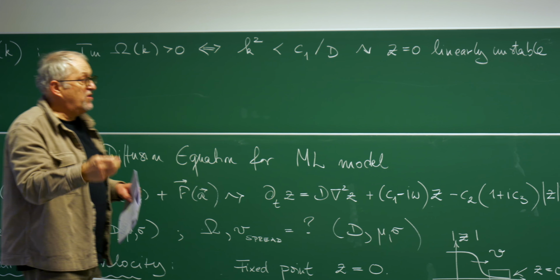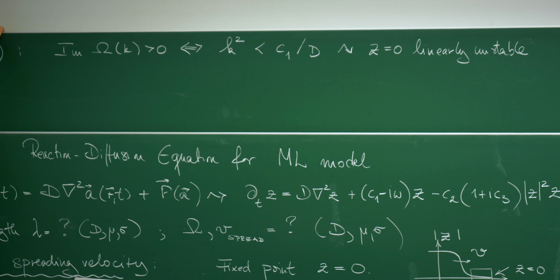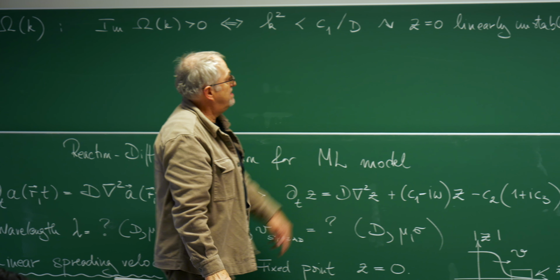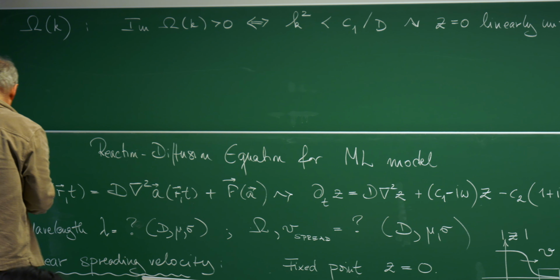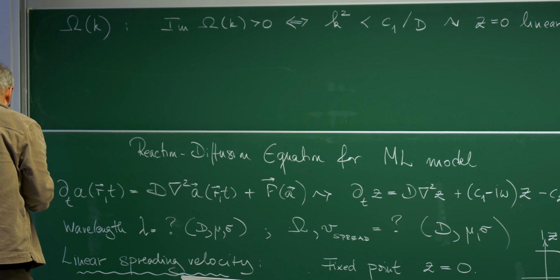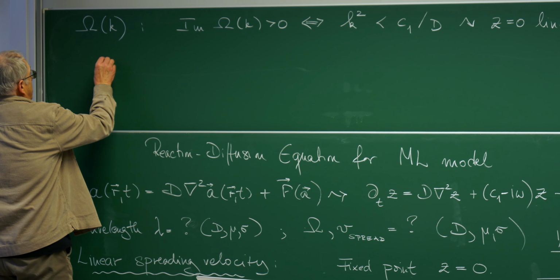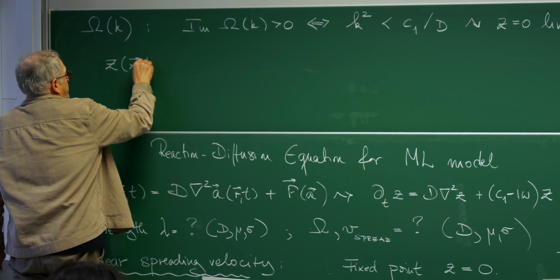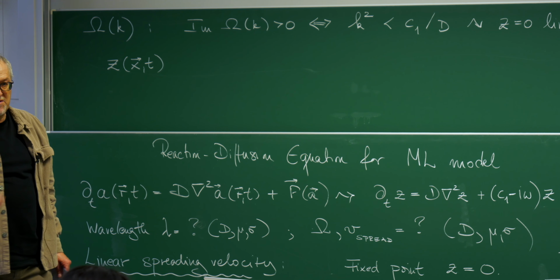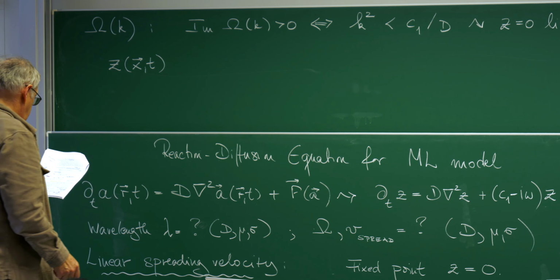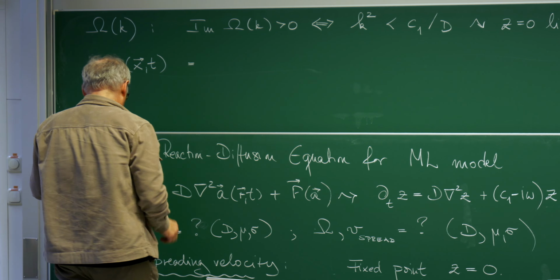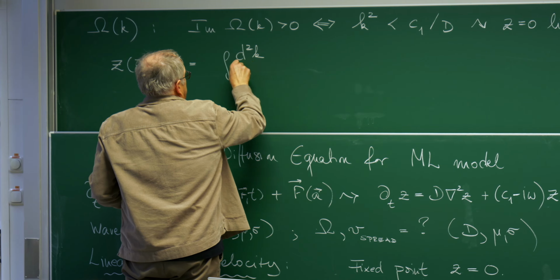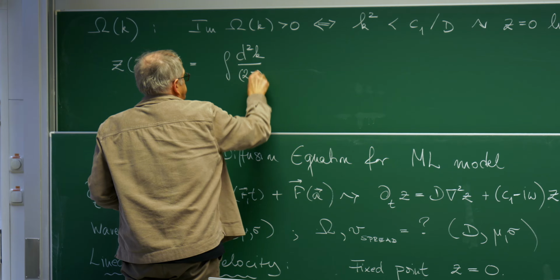That's this band of modes that starts from 0 and extends to the upper bound C1 over D in wave vector space. So now that you know that, let's construct a wave packet or a front solution, c of x and t. And let's compose the front solution by the solution we just found.